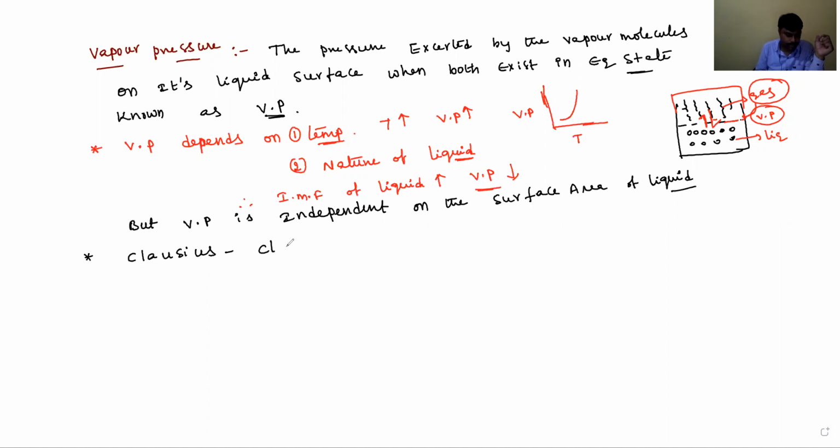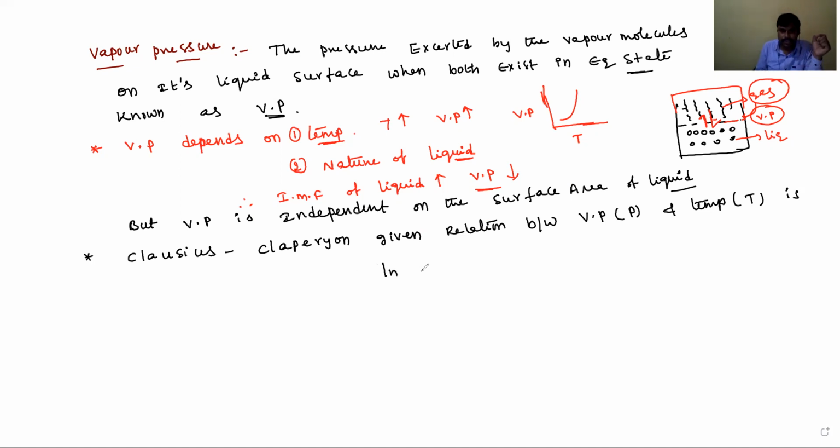Clapeyron gave the relation between vapor pressure, that is P, and the temperature: ln P is equal to minus delta H of vaporization by RT.